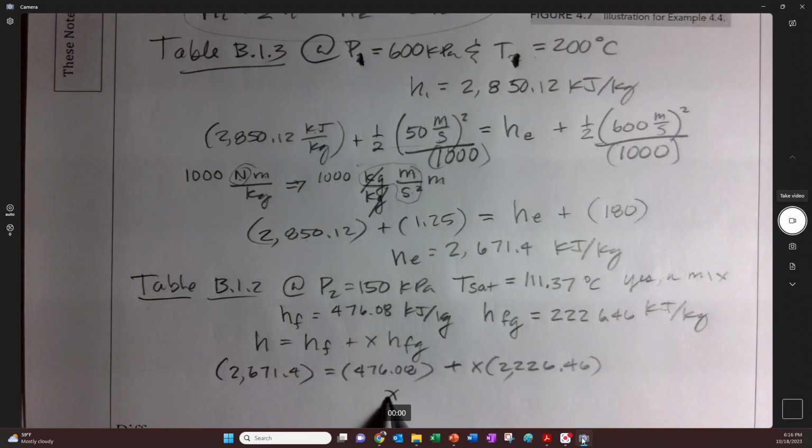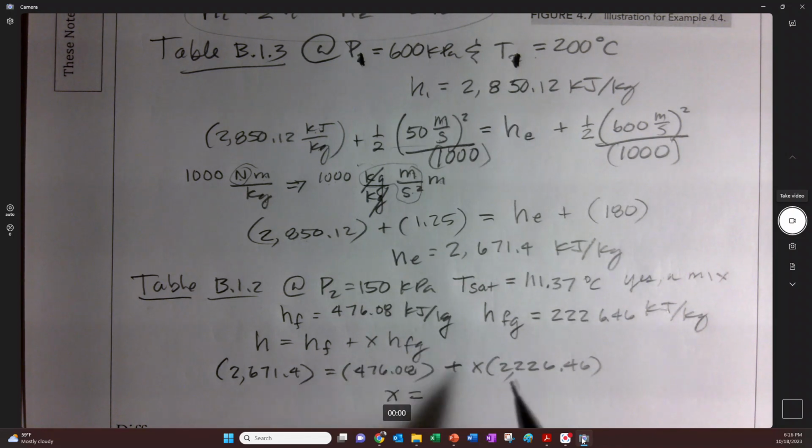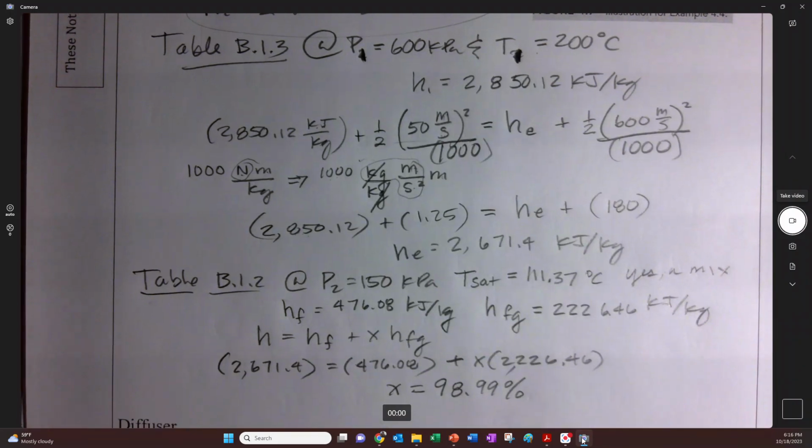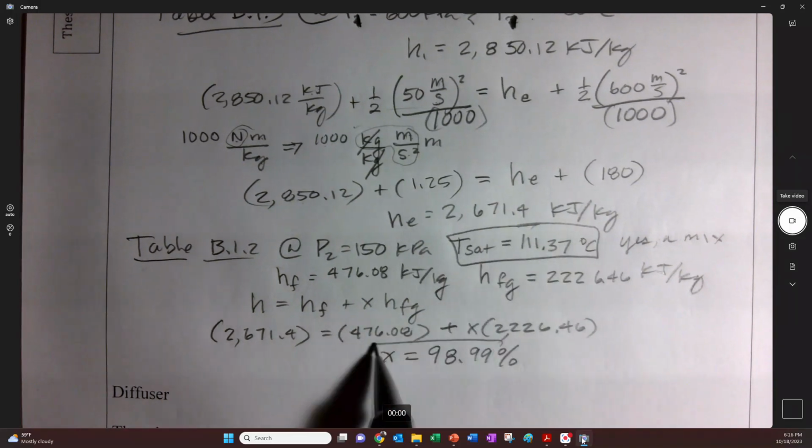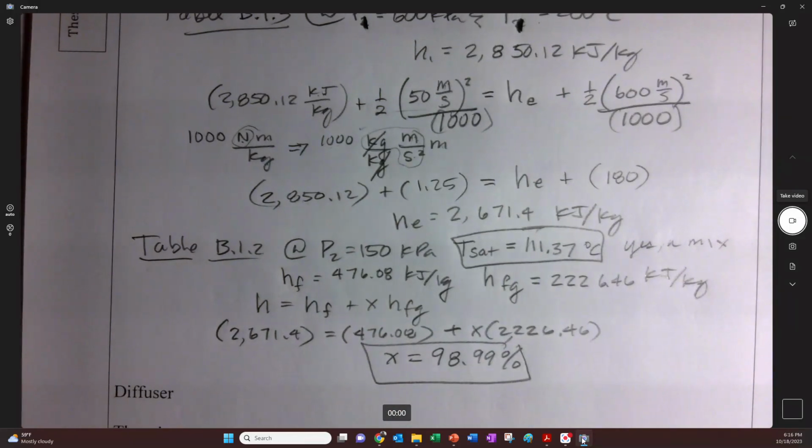And so our X is going to be a really large number. 98.99% is the answer. So right here is actually the exit temperature, and right here is the percent.